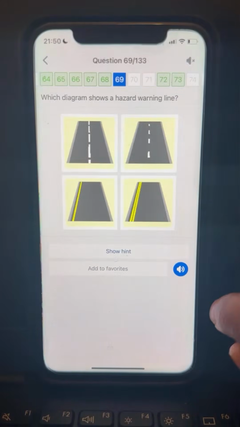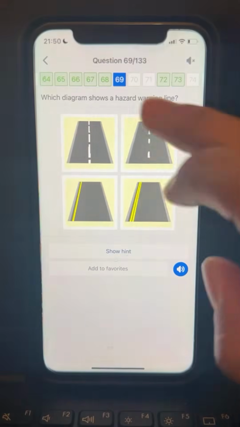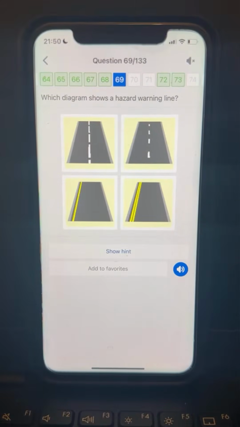Okay, so which diagram shows a hazard warning line? Which diagram shows a hazard warning line?